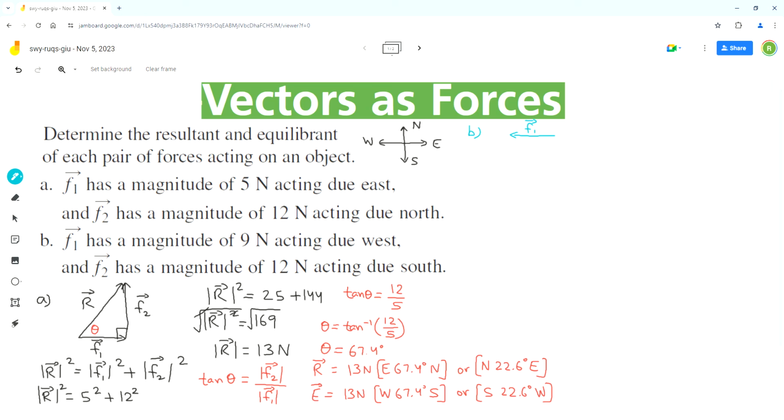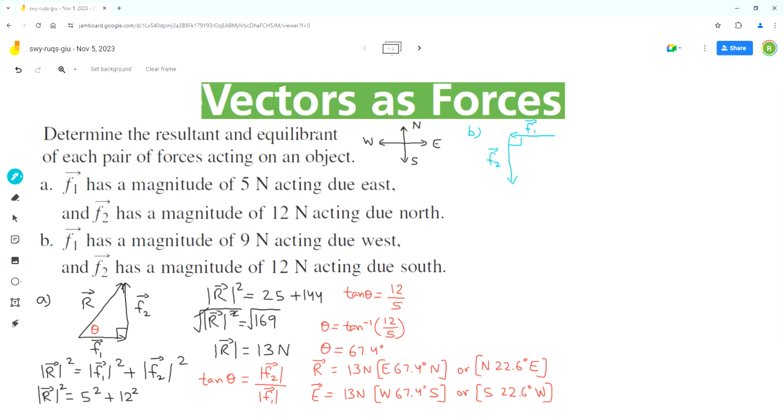So we are placing the vectors tip to tail, or head to tail. And these two vectors are perpendicular to each other because west and south directions are perpendicular to each other.